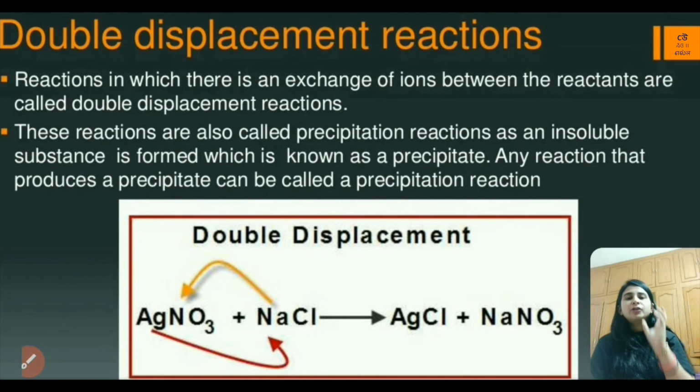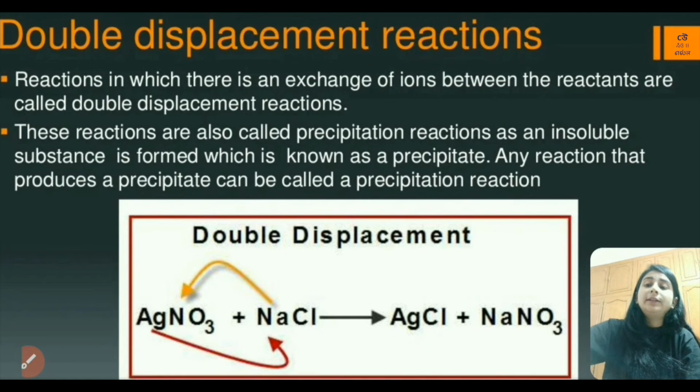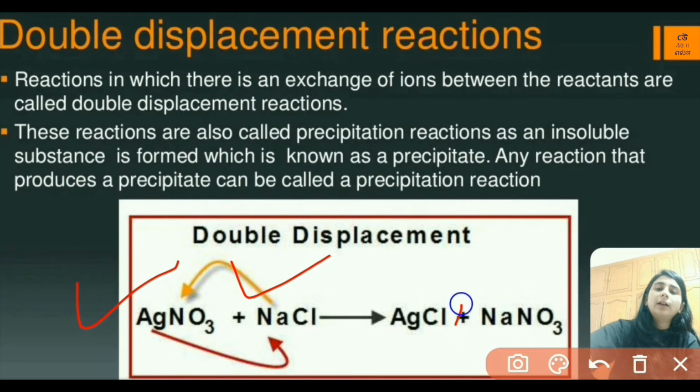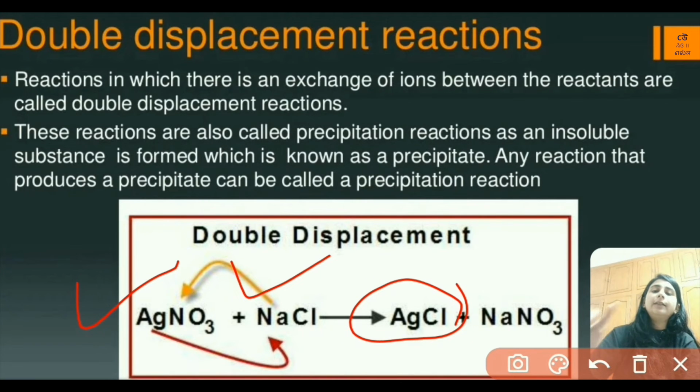So any reaction where we are getting this insoluble substance as the product, we will be calling these reactions precipitation reactions. One very good example of this would be silver nitrate combining with sodium chloride. So the product is going to be silver chloride and sodium nitrate.